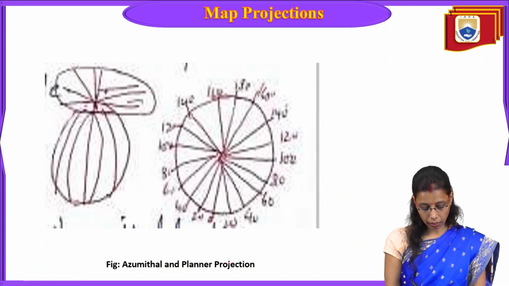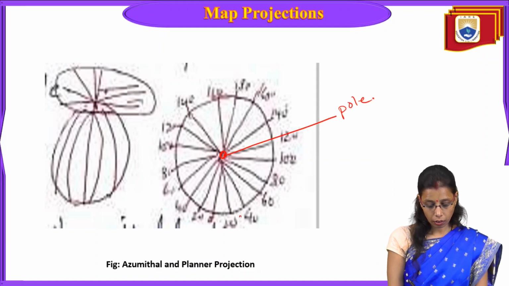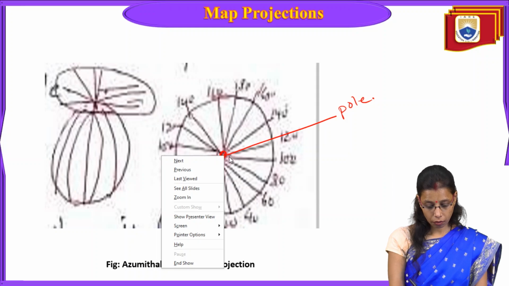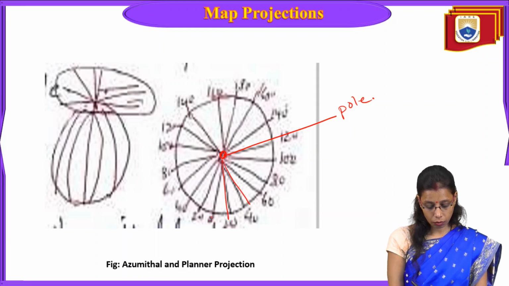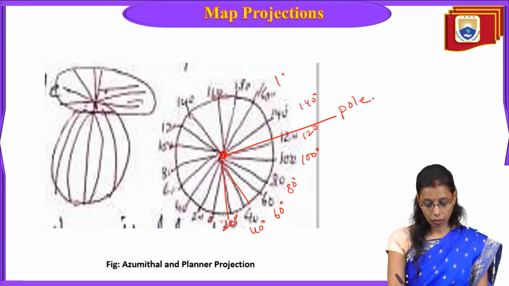Azimuth or planar, it's like this: this is the pole. From the pole you can see lines radiating to all sides. So 0, 20, 40, 60, 80, 100, 120, 140, 160, 180, right?